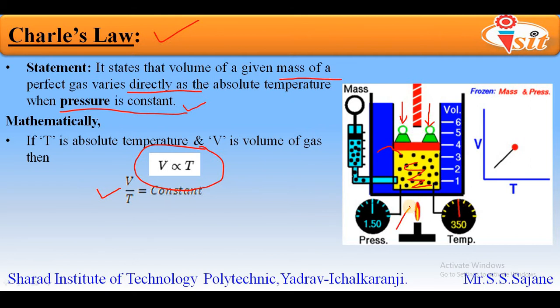So you can see the burner which is placed below this container. With the help of this burner we are going to vary the amount of heat that is added to this gas. You can see that the flame is increasing and decreasing, and accordingly there will be a change in the volume of the gas.